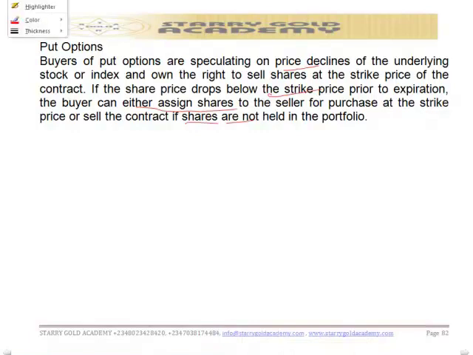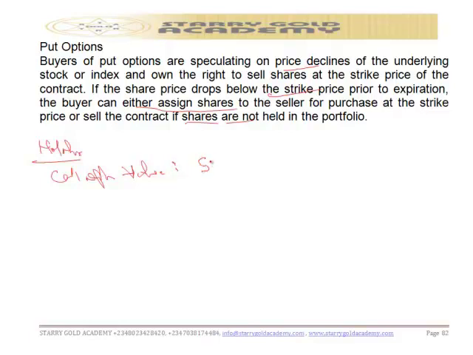Now, before we leave this session, let's talk about some of the notations we can have under options. When I'm talking of a call option, the value could be notated as stock price minus strike price.